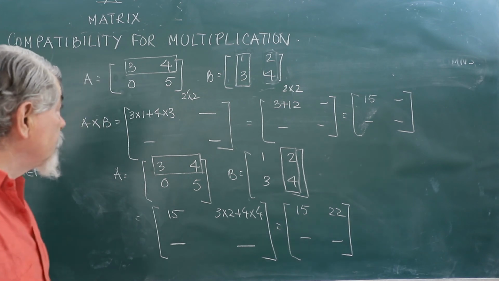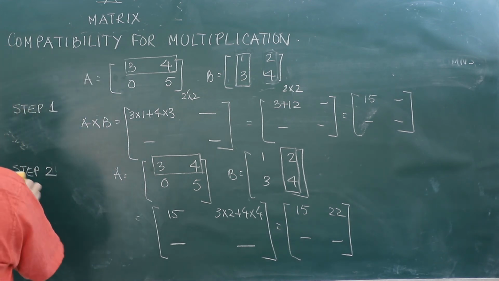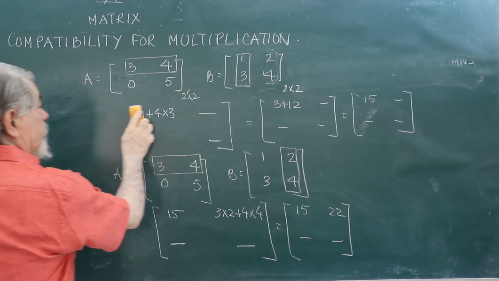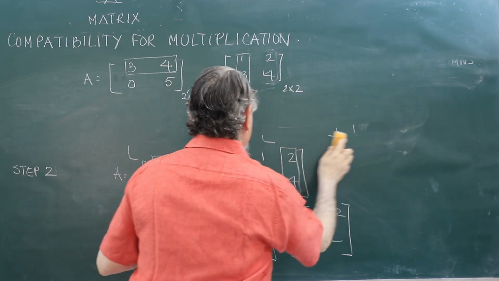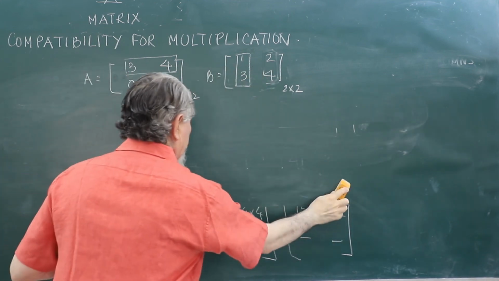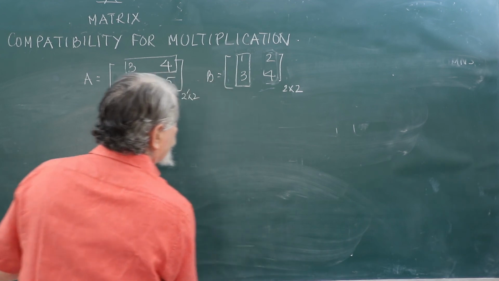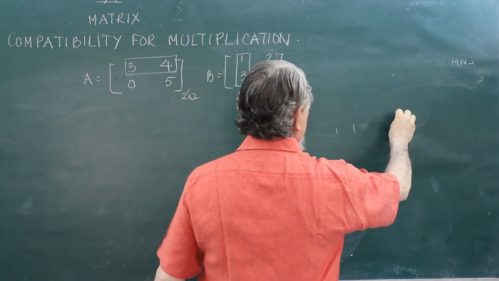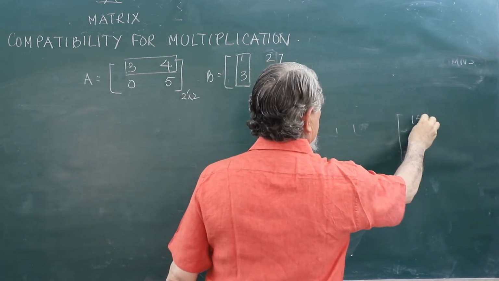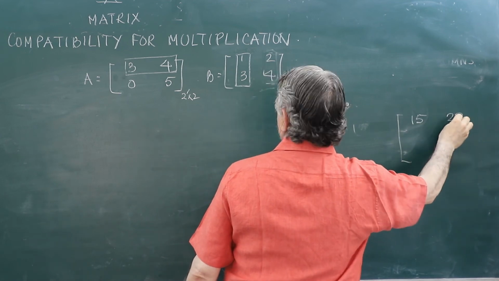Now let us go to the third step. Now I am rubbing it off. We have got the elements 15 and 22.